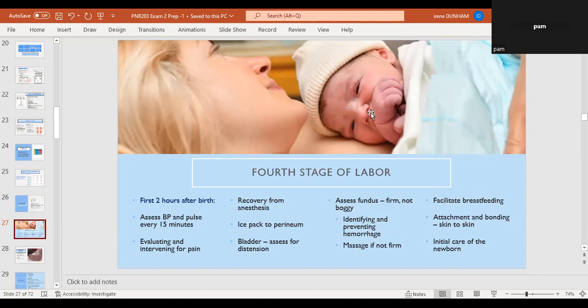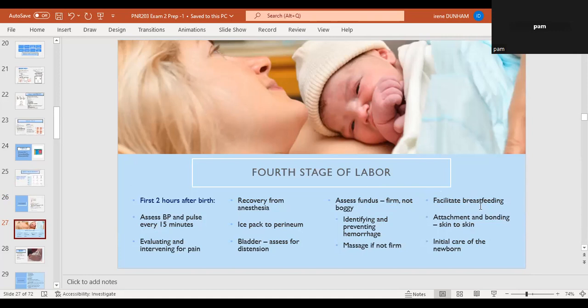Facilitating breastfeeding, yes. Okay. And what that does, that helps to produce more oxytocin. Because once the placenta is delivered, you're going to give Pitocin through the IV to make the uterus contract. So I can make that uterus contract even more, which will give me a nice firm fundus. So I'm going to make sure, let's get this baby on the breast.